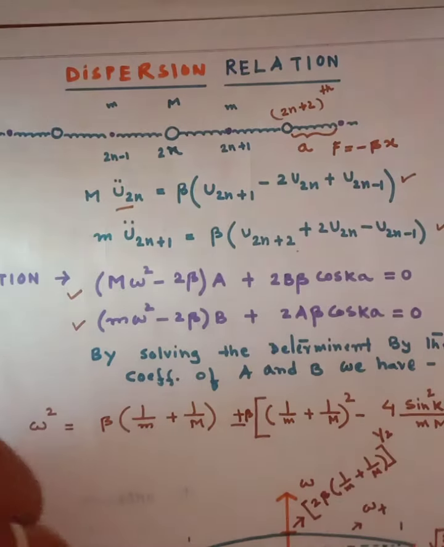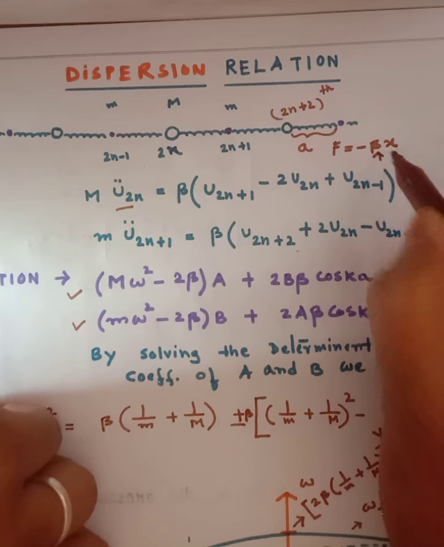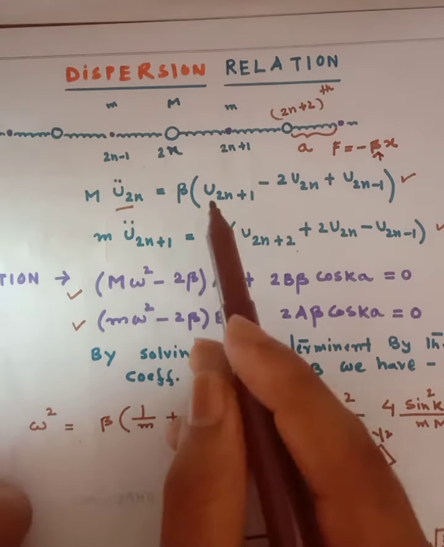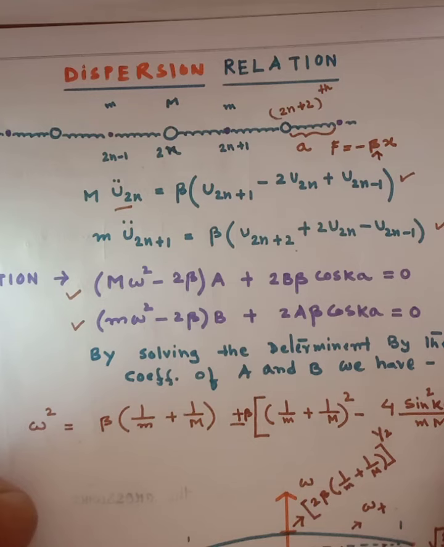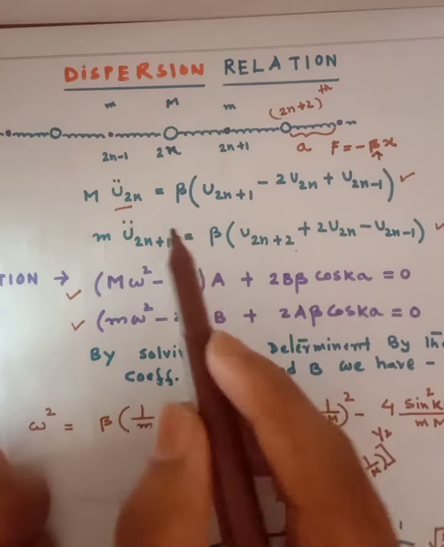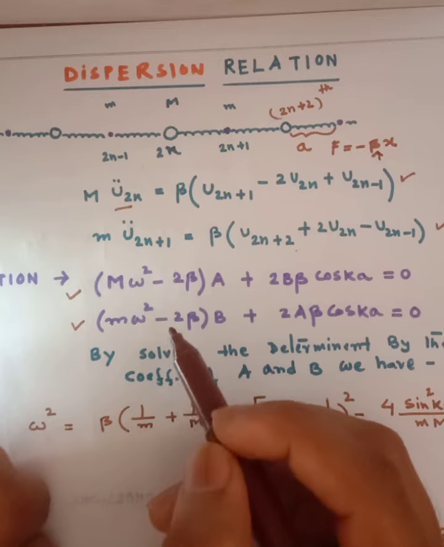Here, beta is the spring constant and x is the displacement of the atom from its equilibrium position. Due to lattice vibration, the atom gets displaced from its equilibrium position, and due to this the atom shall experience a force. In this case we have written two forces.